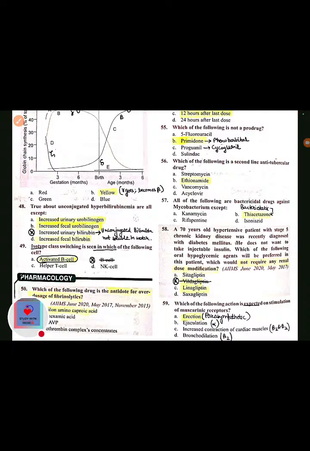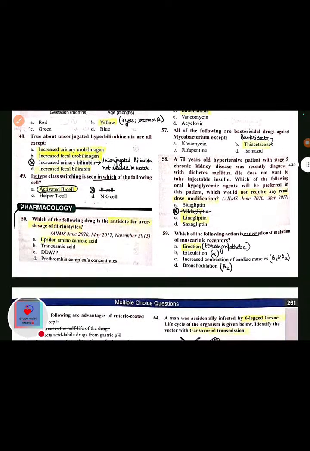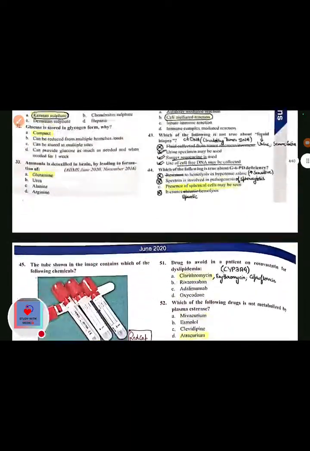Isotype class switching occurs in activated B cell. Okay, fine. So the following drug is antidote for overdosage of fibrinolytics: epsilon aminocaproic acid.